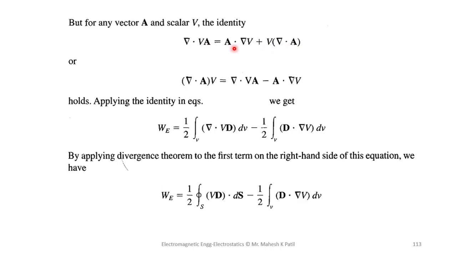It can be rearranged: if we take this term to the left side, this becomes del dot A into V equal to del dot VA minus A dot del V. So this is the vector identity.